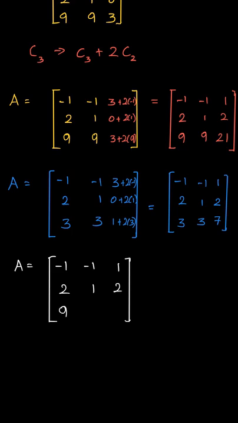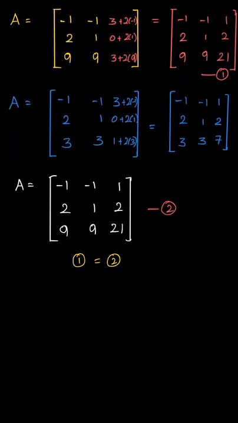Now thrice of 3 is 9 and thrice of 7 is 21. So here we can see that this matrix is equal to this matrix. So we have that matrix 1 is equal to matrix 2, which we have mentioned as equation 1 and equation 2.